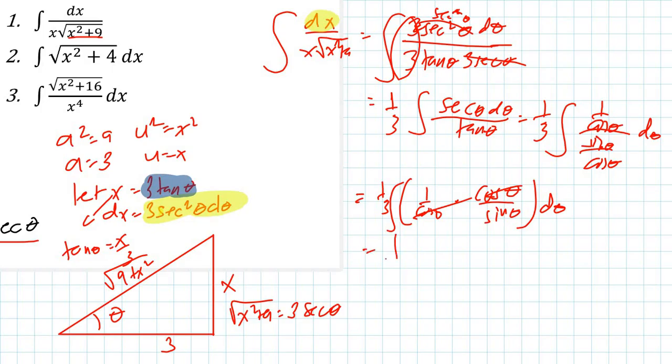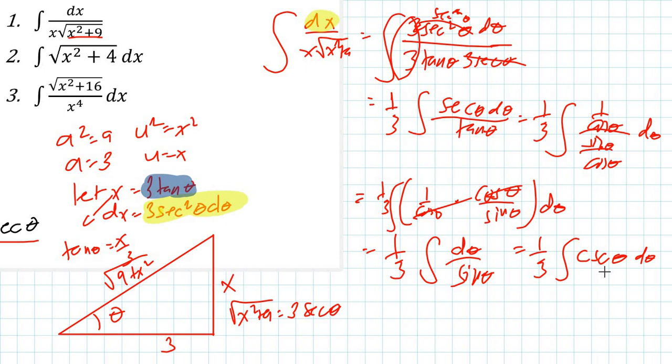What I'll be left with is 1/3 integral of d theta over sine theta. We turn this first into a trigonometric expression with the trigonometric function on the numerator. So this becomes 1/3 integral of cosecant theta d theta.